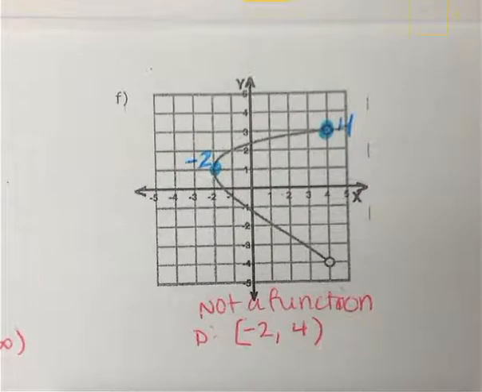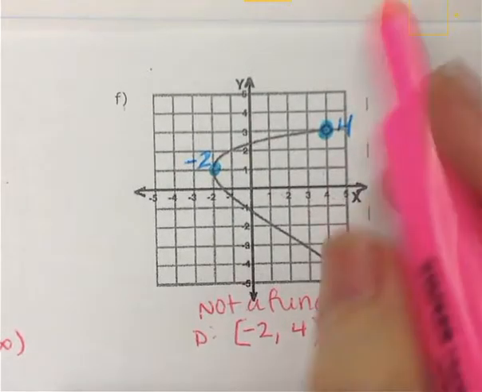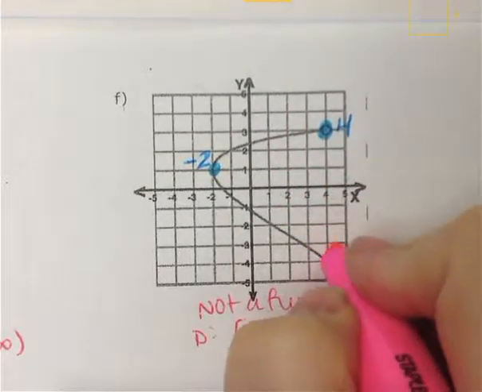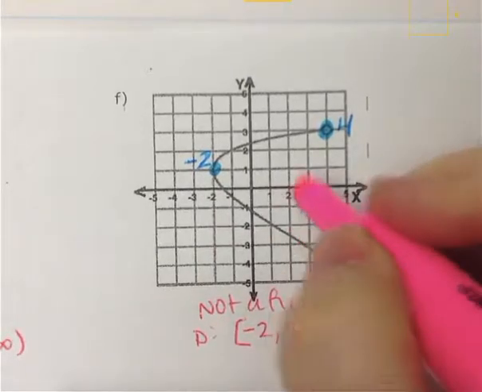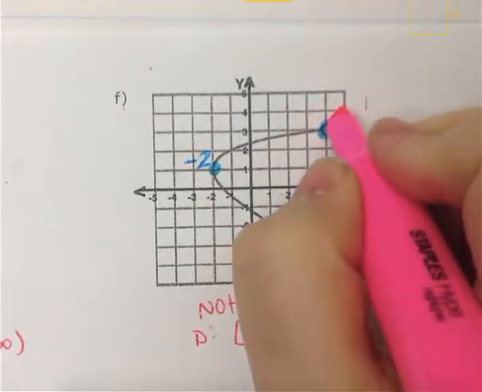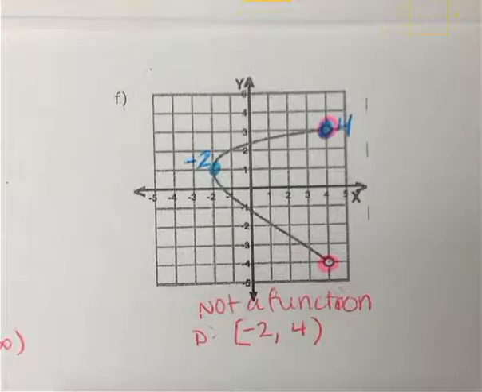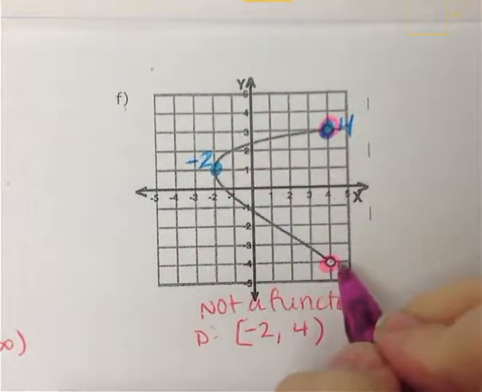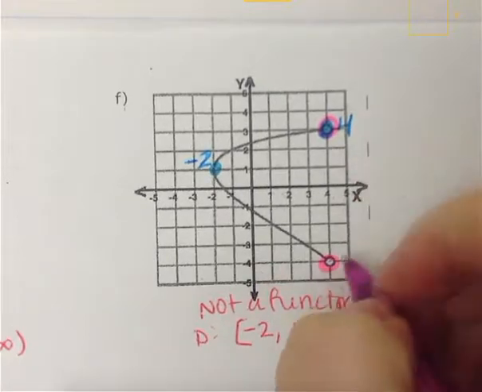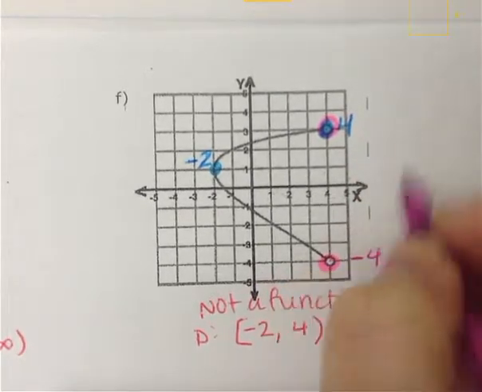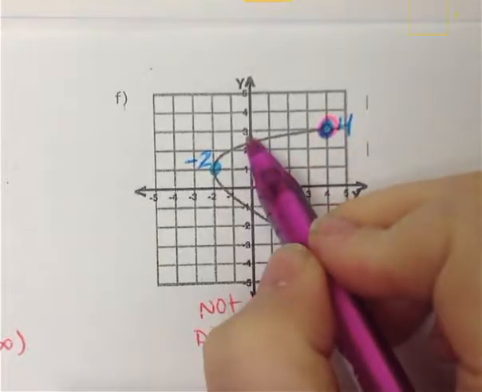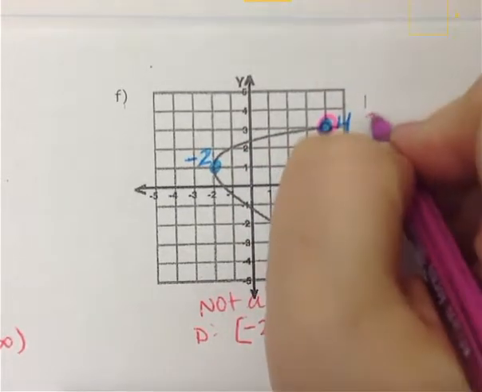Our range, we want to go from the lowest point. So the lowest point on this graph is this open circle. And the highest point will be this open circle up here. For the y values, the lowest value down here is that -4. And that highest y value is that +3.